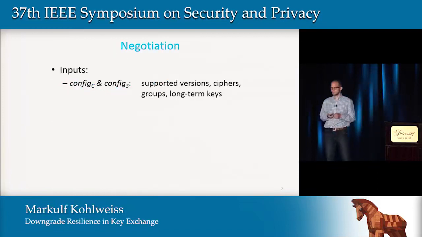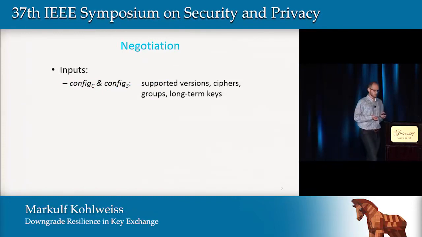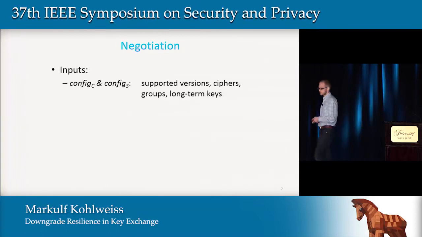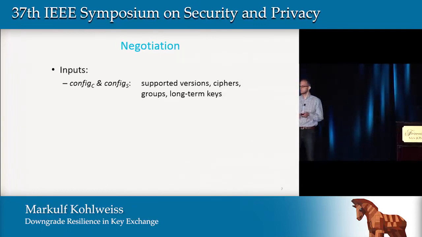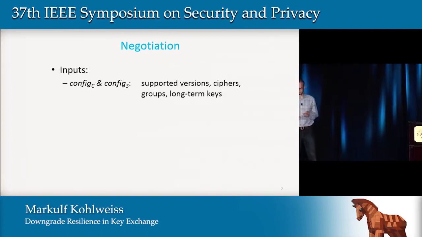So, setting the stage for the definition, I want to give some notation for negotiation. Negotiation starts from client and server configurations that describe what versions and algorithms, cipher suites and modes clients and servers are in principle willing to support.